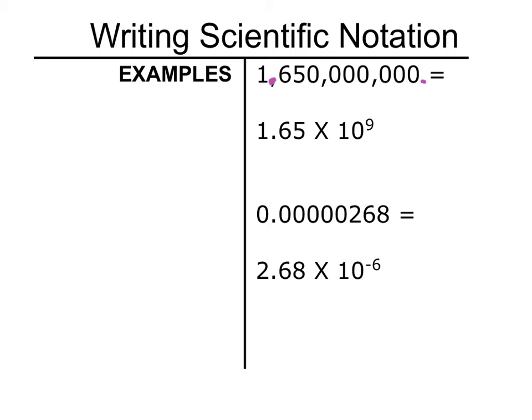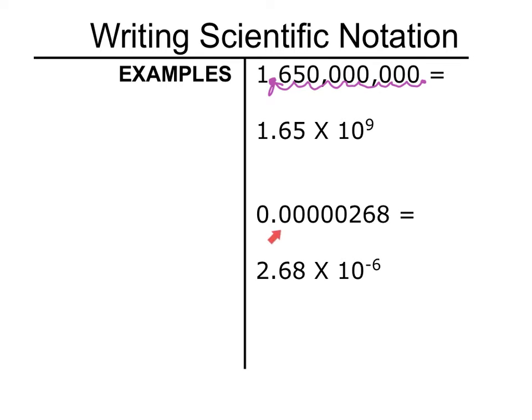To get from that last zero to where we put our decimal point for scientific notation, we're going to count how many places we moved. And we moved 1, 2, 3, 4, 5, 6, 7, 8, 9 places to the left. That's where we get the 10 to the power of 9. Written in scientific notation, it's 1.65 times 10 to the 9th.